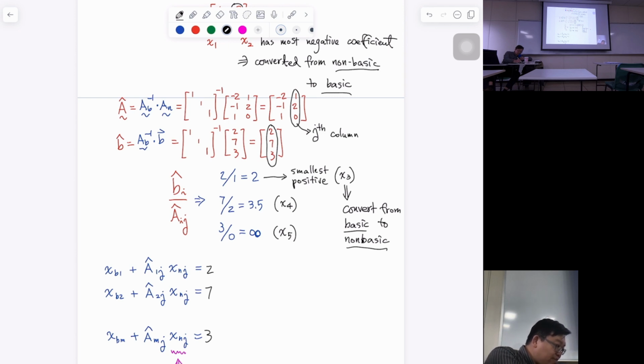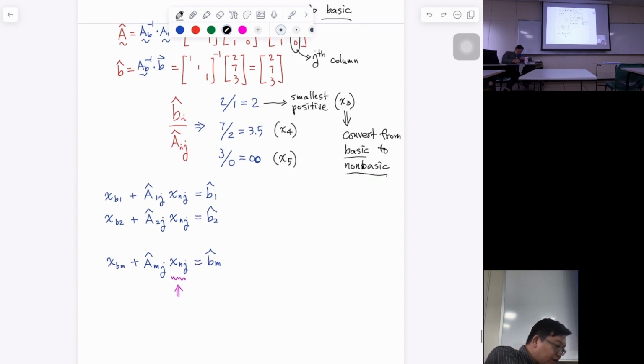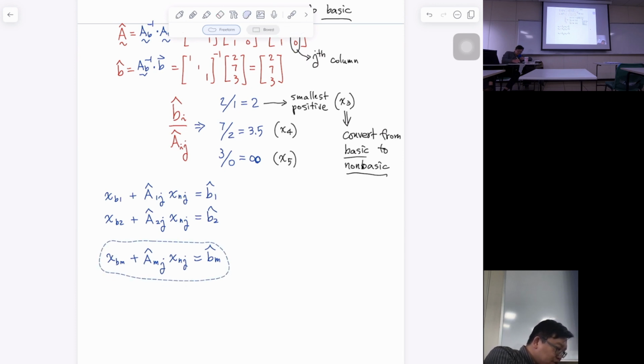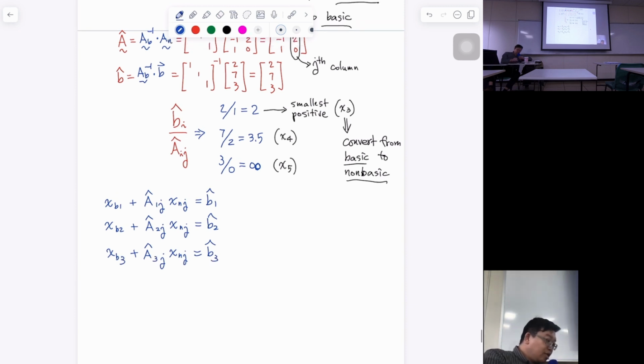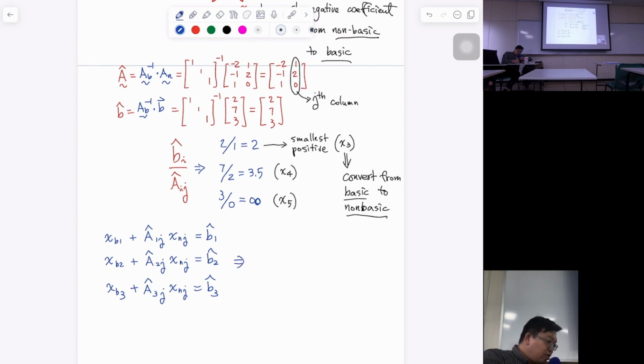So the J column, maybe I keep these so you can compare. And over here, basically, N is 3. The third one. N is 3. Okay? So let me show you what happens if I plug in the numbers.